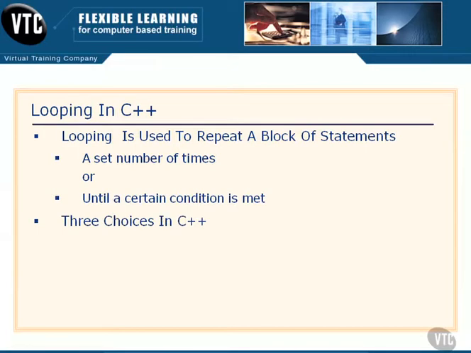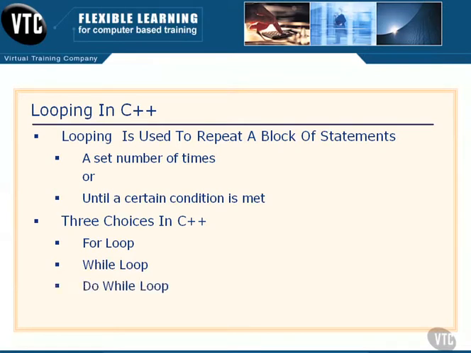Now you have really 3 basic choices in C++ for looping, and I'm going to cover each one in a separate video. The first one is going to be the for loop. This is kind of the basic loop. You'll see some code there, very simple examples, so you can get your head around them. Then we'll take a look at the while loop, and we'll talk about what makes it unique and why you would want to use it as opposed to the for.